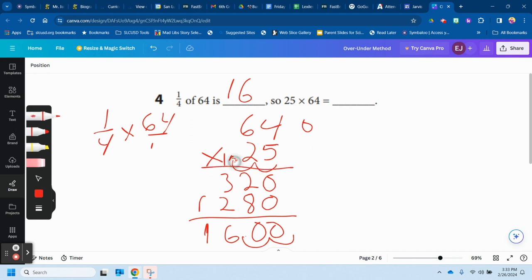Because of the decimal point, I moved it 2 to the left. So this decimal point is 2 to the right. So I just take the 16 and move the decimal point, which is right there, 2 to the right. 1, 2. And it's 1600. And it's proper to put a comma here. Okay, hopefully that kind of makes sense to you.